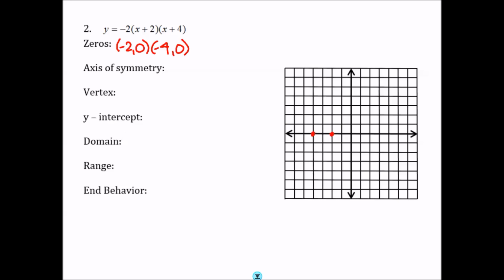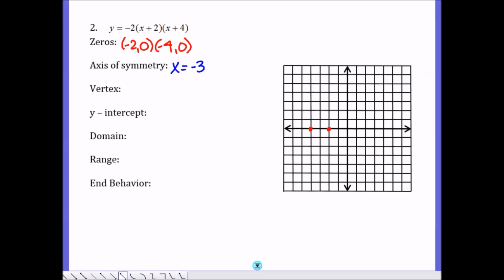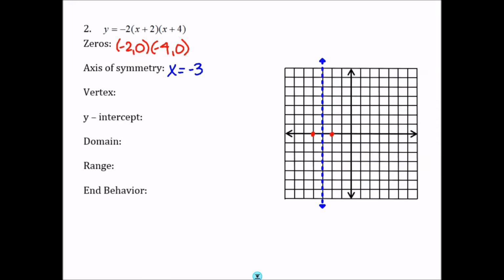Then our axis of symmetry is going to be in the middle, which will be x equals negative 3. Then our vertex, so we know that our axis of symmetry is negative 3. So I can either plug that in and do the math in my head or use the store button.